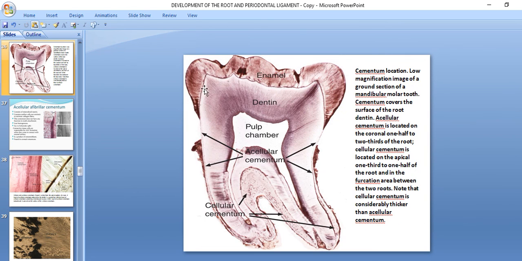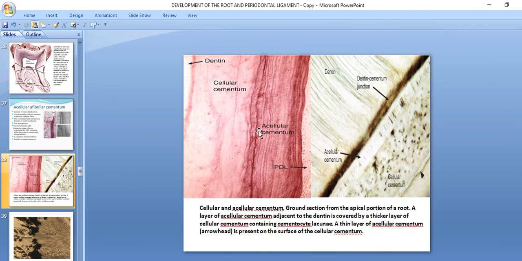Here you can see acellular extrinsic fiber cementum, and in the apical region it consists primarily of cellular intrinsic fiber cementum. Here you can see acellular cementum and cellular cementum.